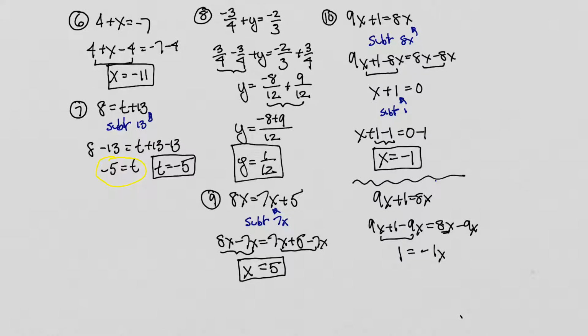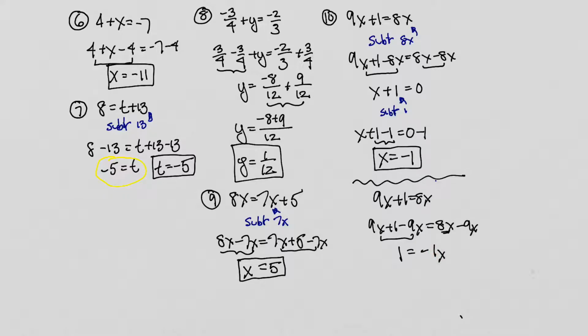Now here's something we haven't actually gotten to yet. I've got a multiplier on the x now. Every other time we did that, we just had a 1x, a 1y, a 1t, but now I've got a multiplier. So I'm multiplying, so this will kind of take us into the next section. How do you undo a multiplication? You undo it with a division.